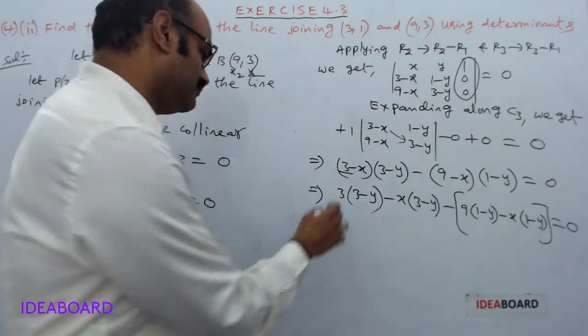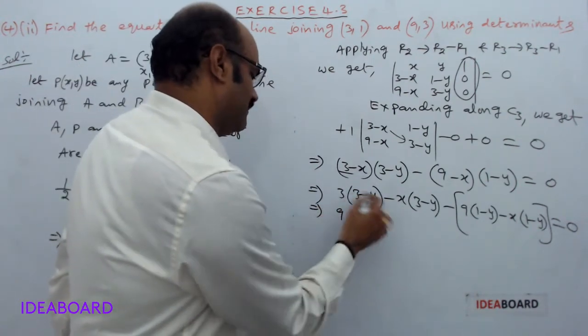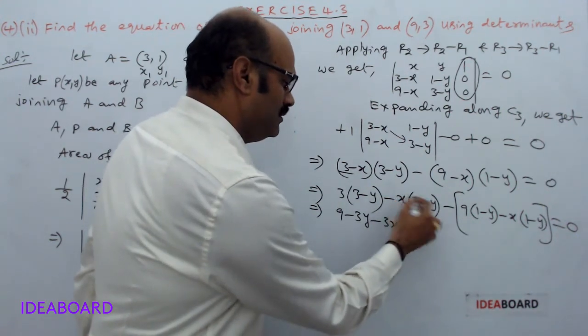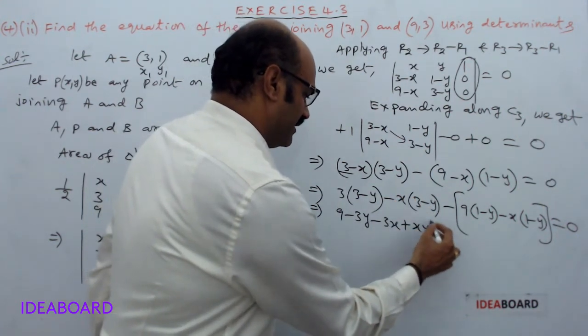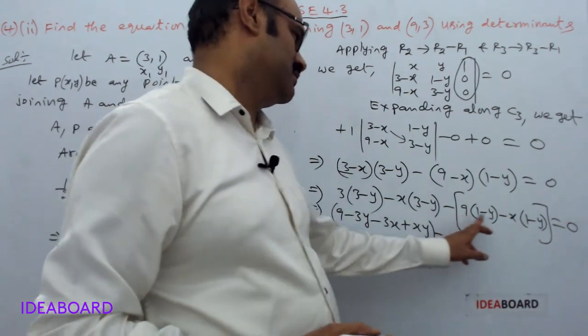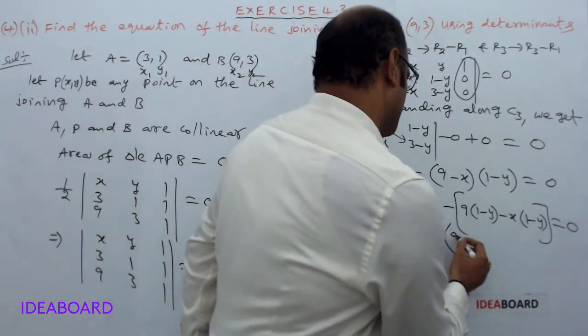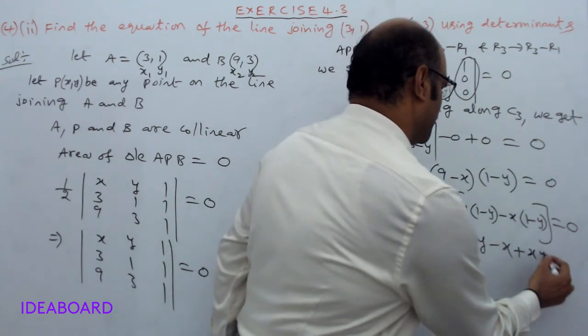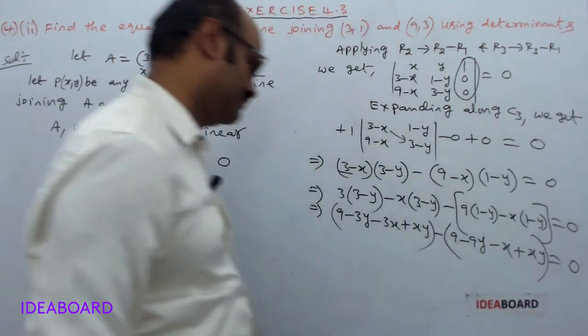Now 3 into 3, 9, minus 3y minus 3x plus xy minus of, here we have 9 minus 9y minus x plus xy equal to 0.